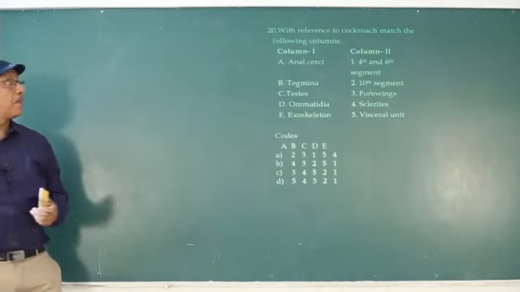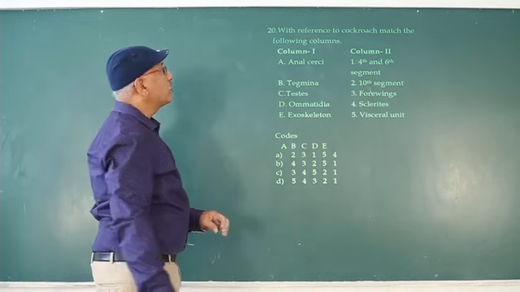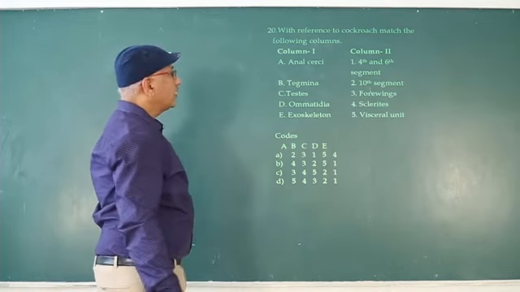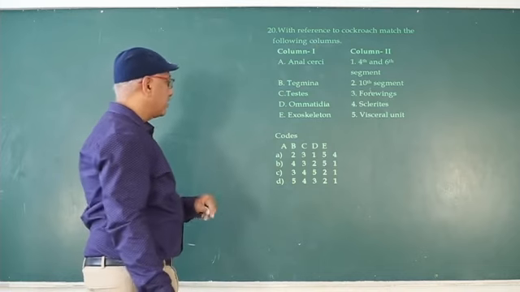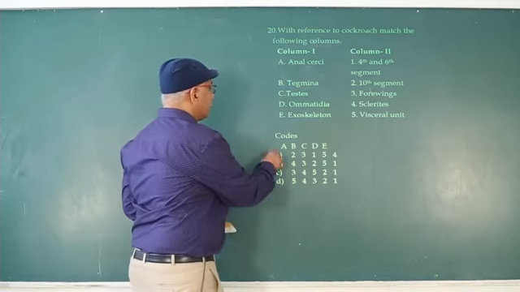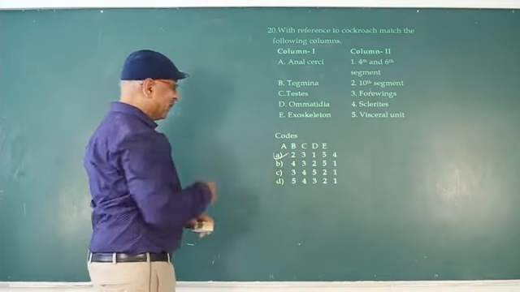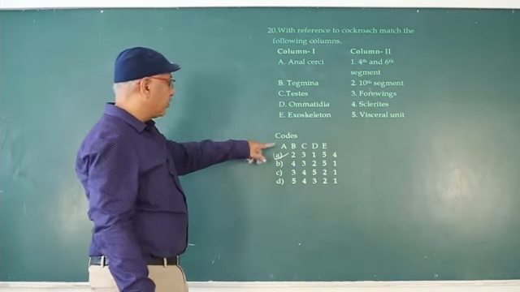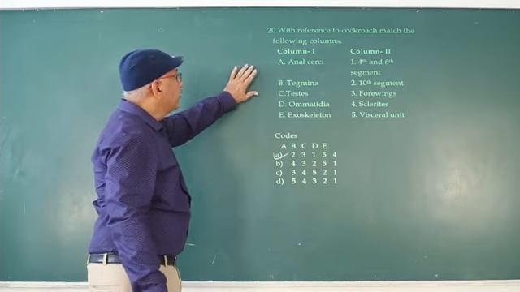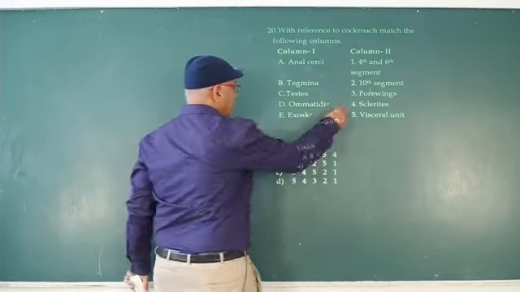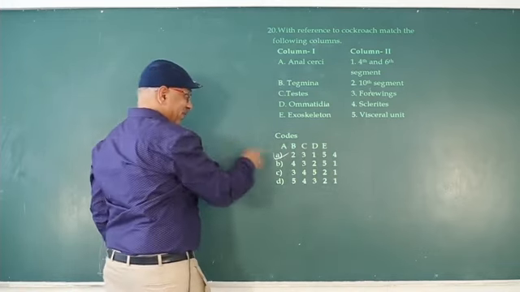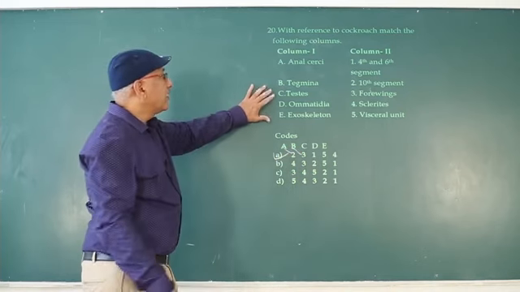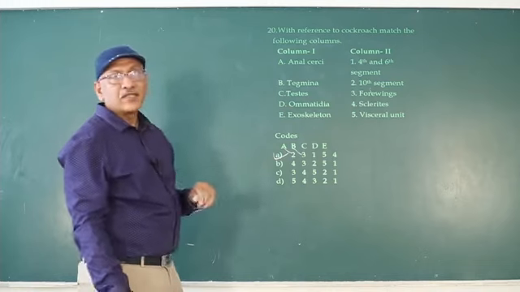Next question. With reference to cockroach, match the following. Column 1, column 2. Anal cerci, 10th segment, A2. Next one is B. Tegmina, 4 wings. B3. Testes, 4 to 6 segment.